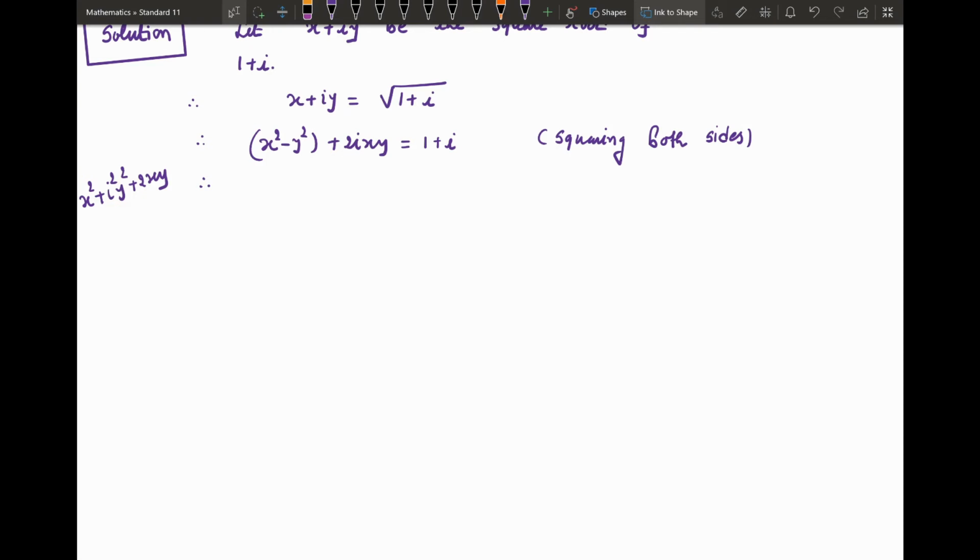Real part: left hand side x square minus y square, right hand side 1. Imaginary part: coefficient of i is 2xy, and on the right i into 1, so this will be the imaginary part. So comparing, x square minus y square equal to 1, say equation number 1, and 2xy equal to 1, say equation number 2.